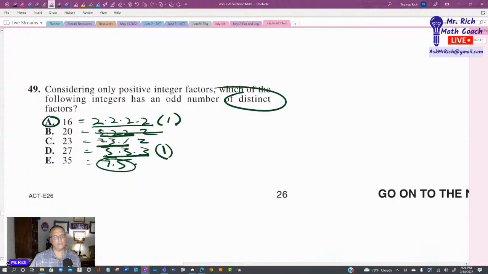This has two distinct. 23 has one. 23 also has one distinct. Yeah, I don't like that question. Distinct factors. Considering only positive integer factors.